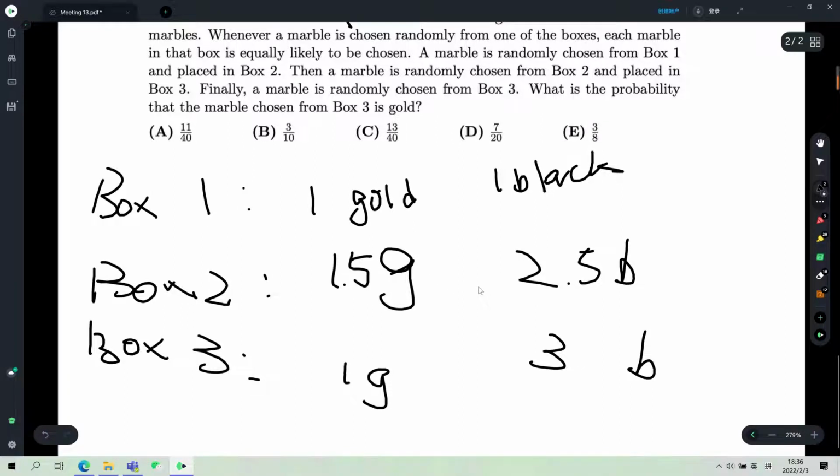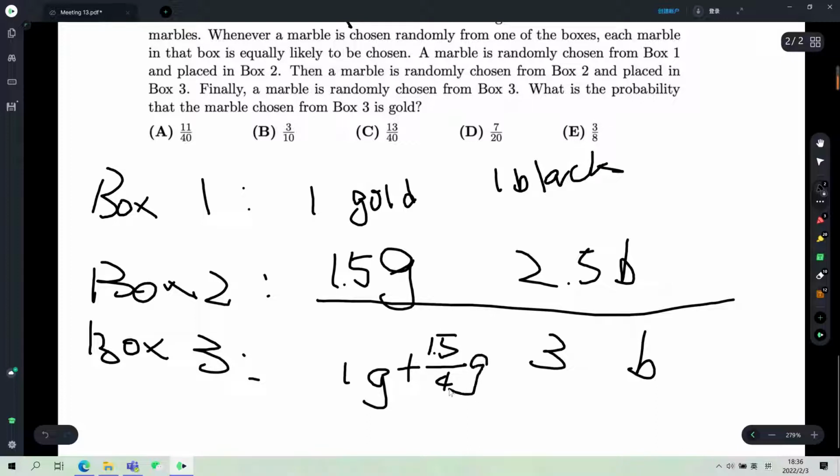It's the same idea if we choose one ball from box 2 and put it into box 3. Because there are in total 4 balls in box 2, box 3 will have 1 gold plus 1.5 over 4 gold, and 3 black plus 2.5 over 4 black.